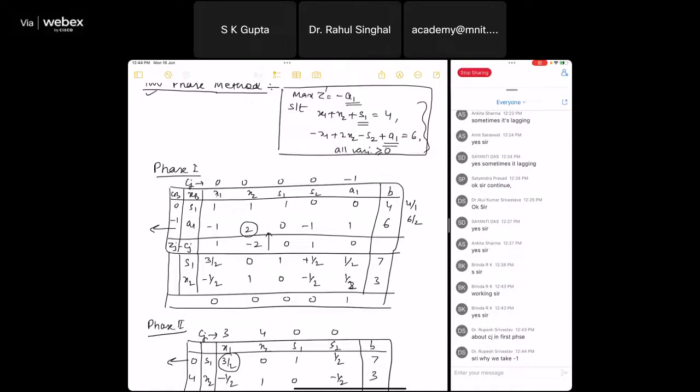If A1 is non-negative and we want to maximize the objective function, then A1 must be 0. That's why we are taking minus A1. If there are two artificial variables A1 and A2, we take minus A1 minus A2. Okay?